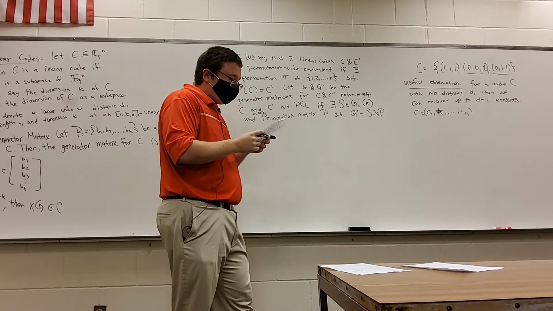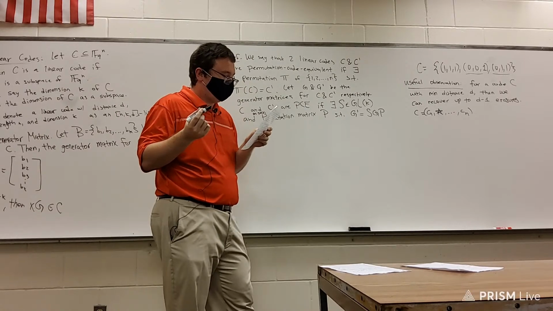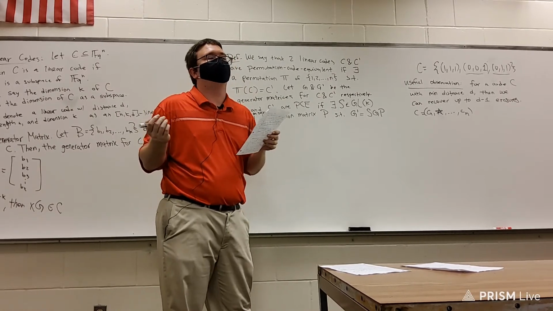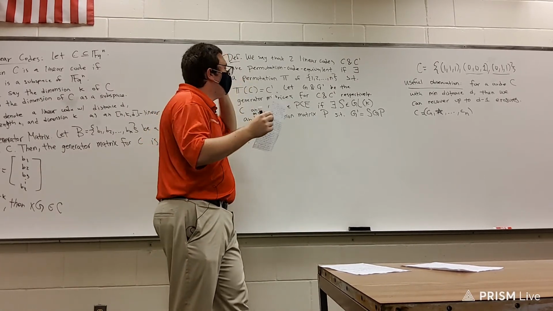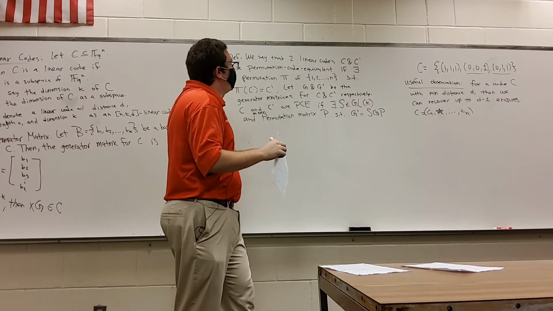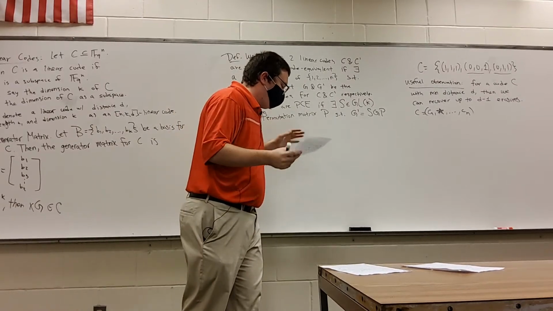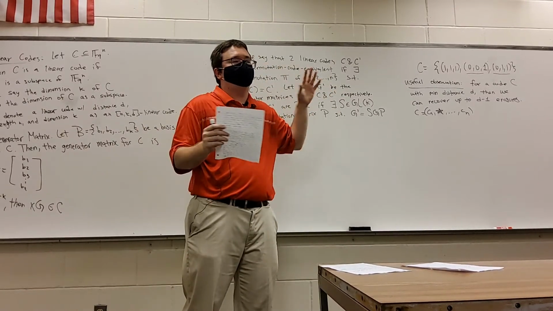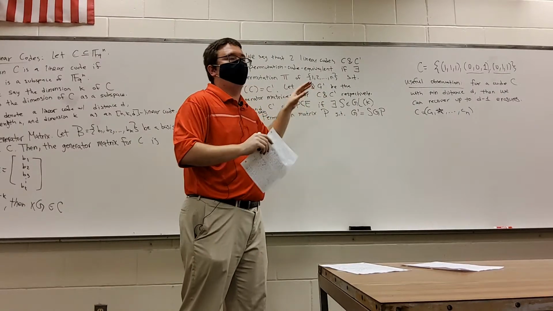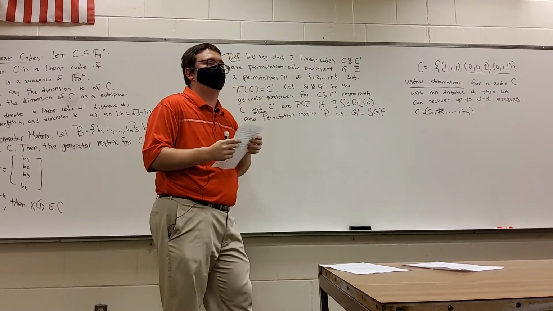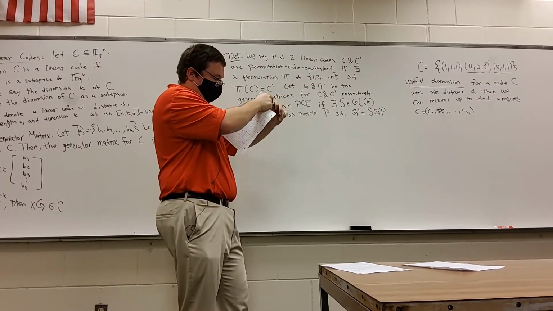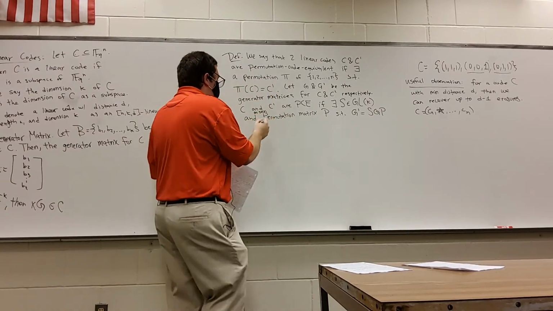So now that we have that, we need three key observations. We can finally come up with our algorithm that will answer yes or no questions to find a code equivalence between two codes. So the three key observations.